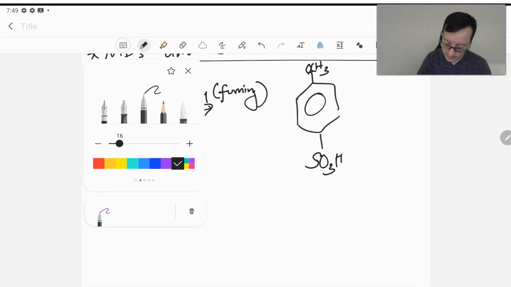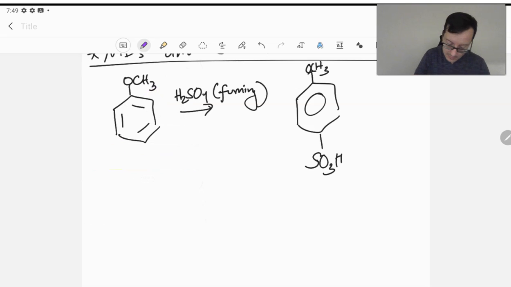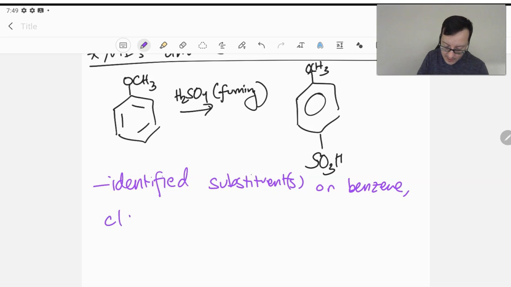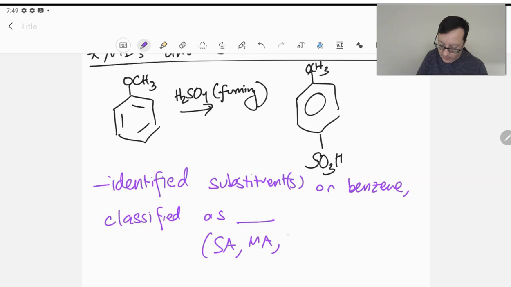And so if you think about how we did this problem, we identified the substituents on the benzene, and then we classified them as, for example, a strong activator, moderate activator, weak deactivator, moderate deactivator, or strong deactivator.